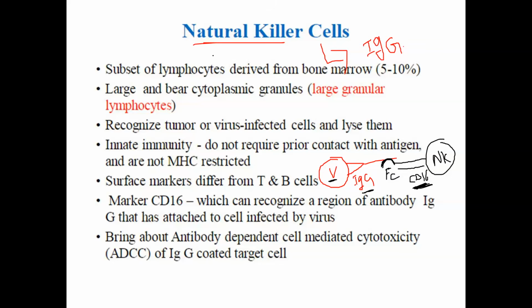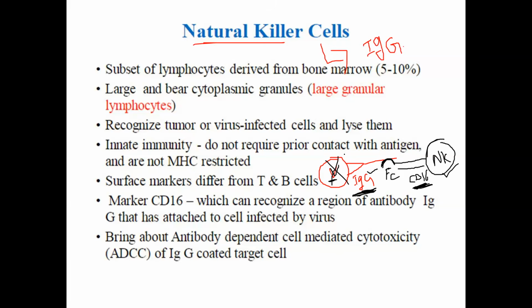My point is very clear to all the students. Natural killer cell associates with the FC receptor of IgG only when the IgG recognizes the virus infected cell. So friends, what is my conclusion? Then the natural killer cell stimulates the IgG to destroy this virus infected cell very efficiently.